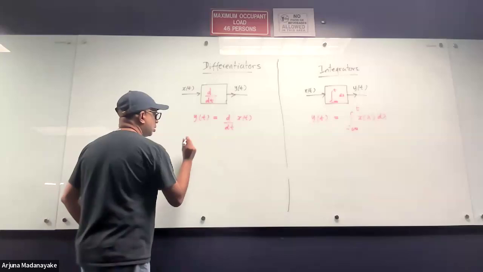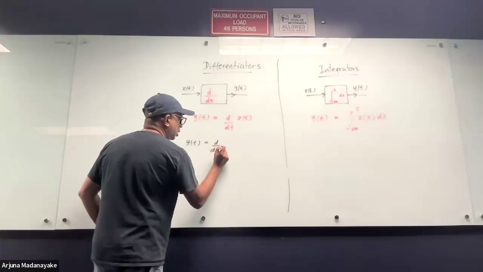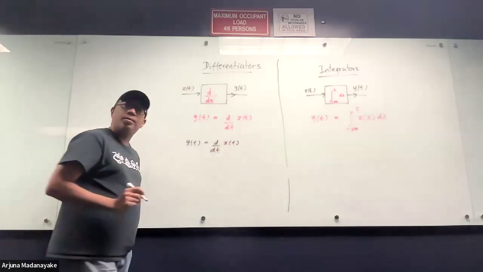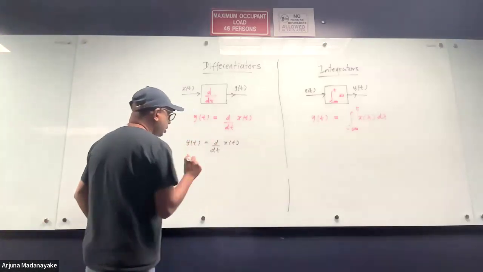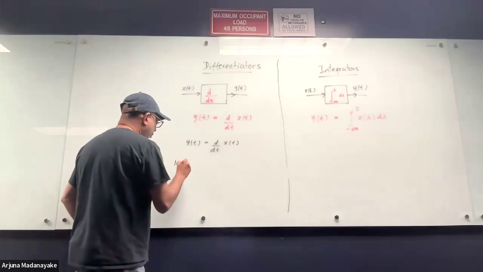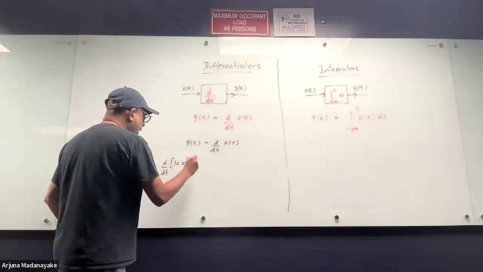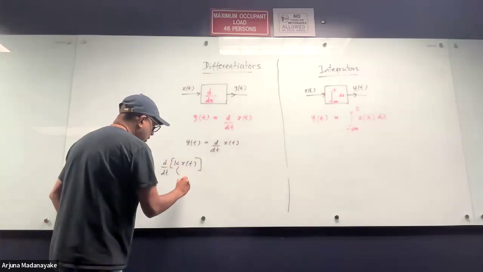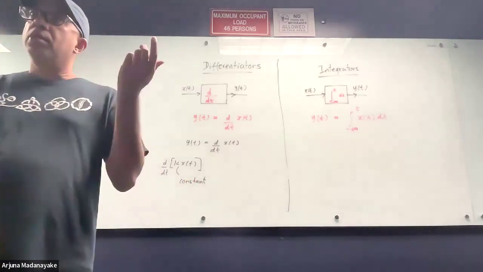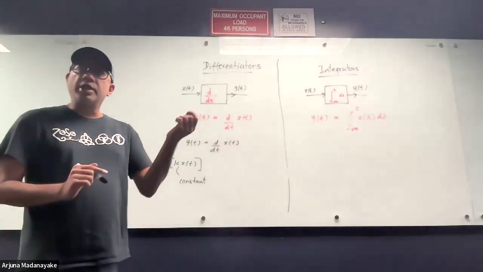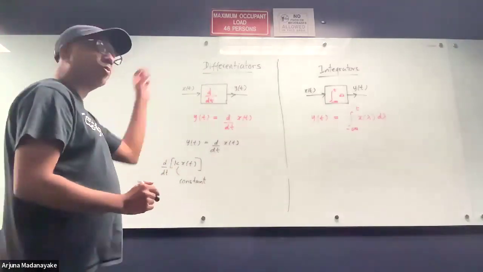So let's take y of t is equal to d over dt x of t. If I scale x of t, I get, let's say, k times x of t. So when I do d over dt of k times x of t, this k is a constant. We know that when you have a function that's being differentiated, the constant just pops out of the equation, right?